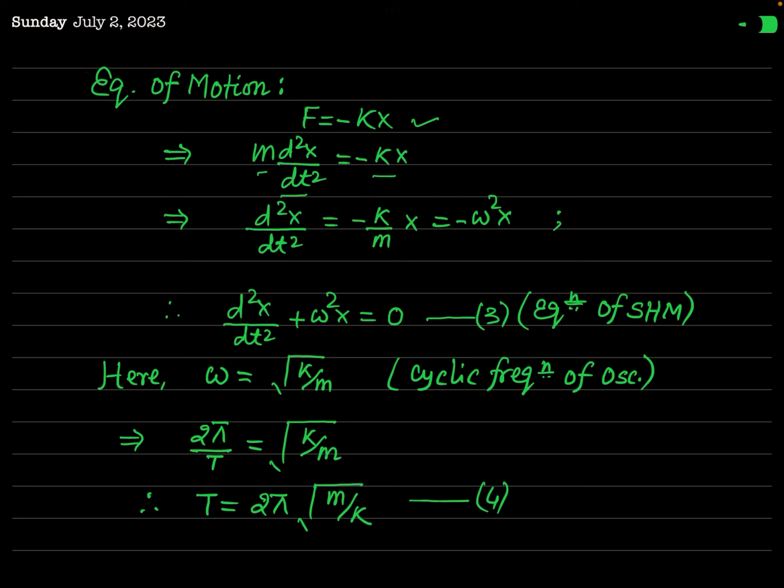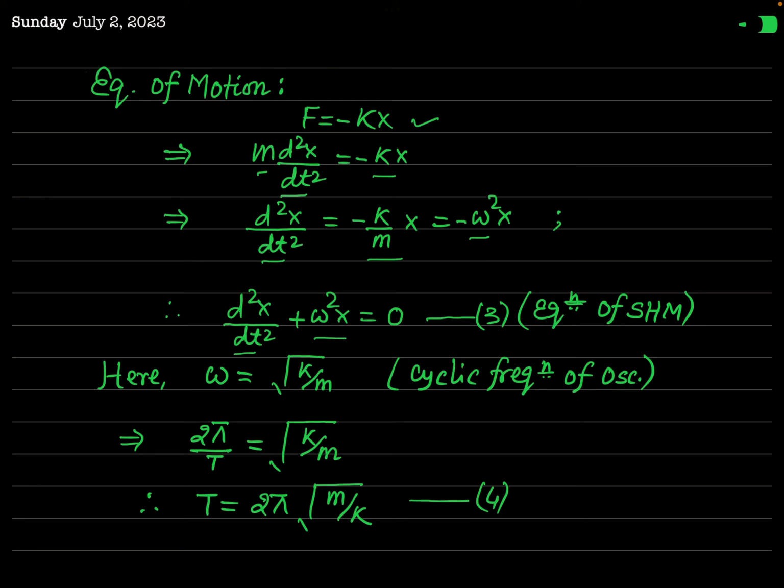And so you can write d2x by dt square is minus k by m times x, and this k by m is replaced by omega square. So the equation of motion of this oscillator becomes d2x by dt square plus omega square x equal to 0. You can remember this is the standard equation of simple harmonic motion.